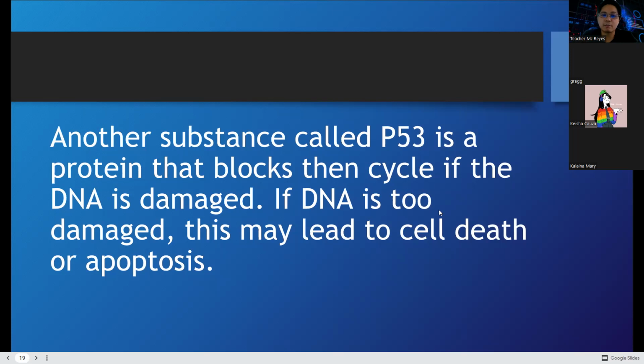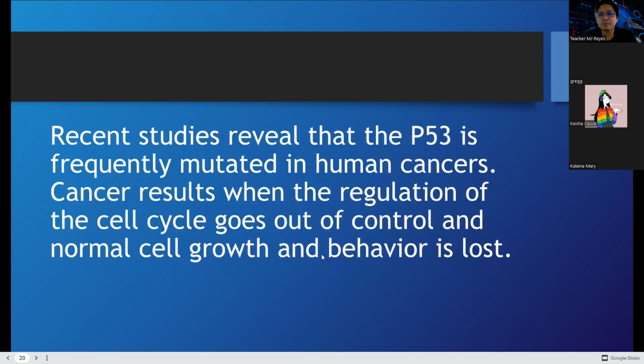If DNA is too damaged, this may lead to cell death or apoptosis. Recent studies reveal that P53 is frequently mutated in human cancers. This is the reason why cancer cells continue to progress and metastasize, which is the spreading of cancer cells.